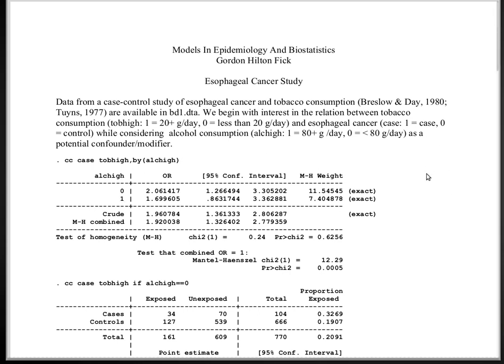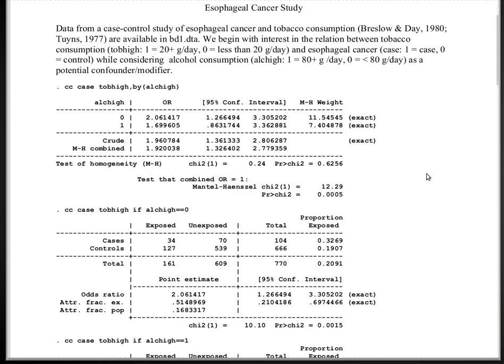And what do we see? We get this set of 2x2 tables. We get these two odds ratio estimates, and we get no evidence of modification here, and no evidence of confounding.